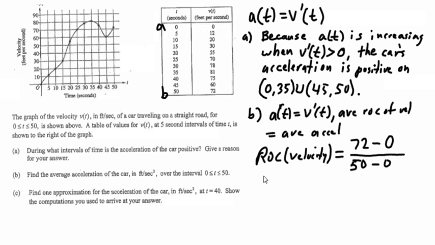So we can just leave this as 72/50ths, and it says give correct units, average acceleration, and that's going to be feet per second squared.